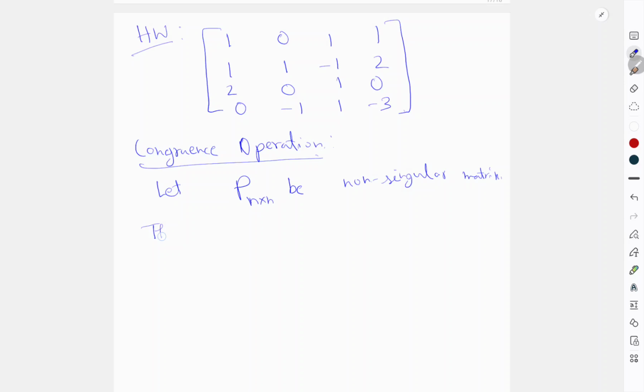Let P be a non-singular matrix. Then B equal to P transpose AP. If you apply this type of operation on A, it is called a congruence operation, or you can say A and B are congruent.